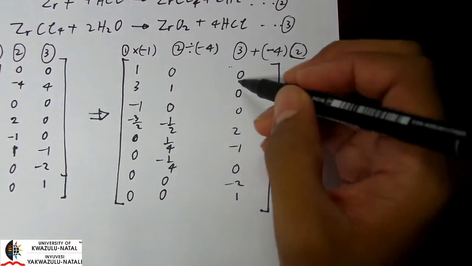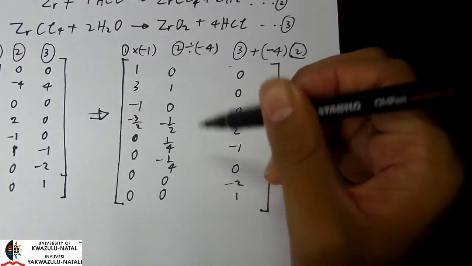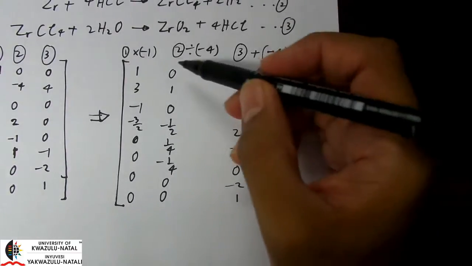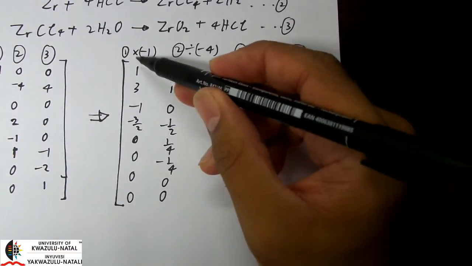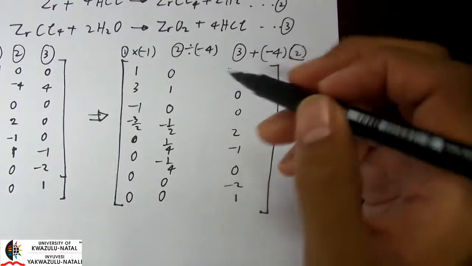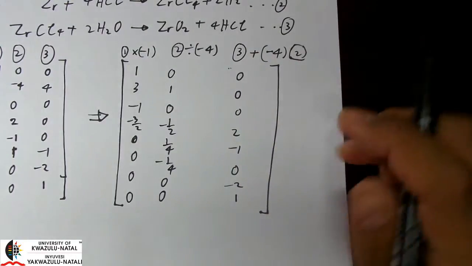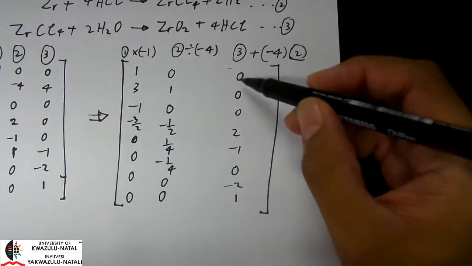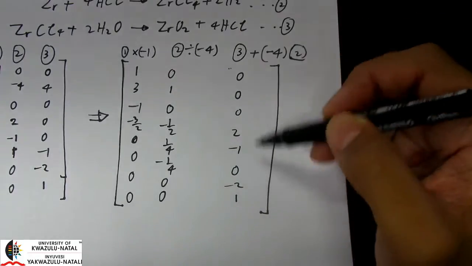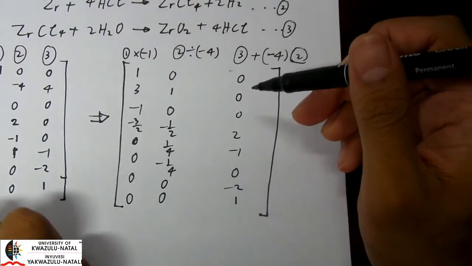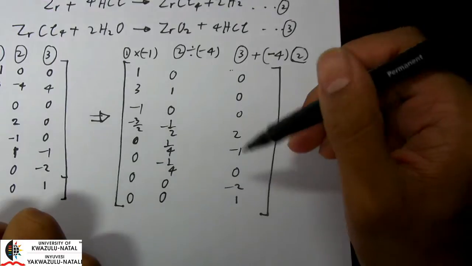So no column has disappeared. Now if, for example, during our Gaussian reduction procedure, one of our columns ended up with all zeros, then it means that that particular reaction is not independent.